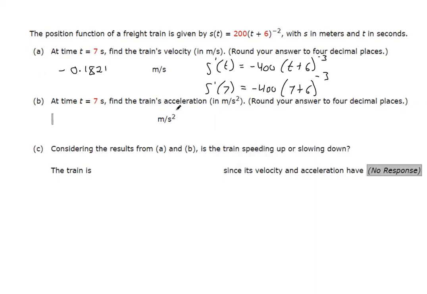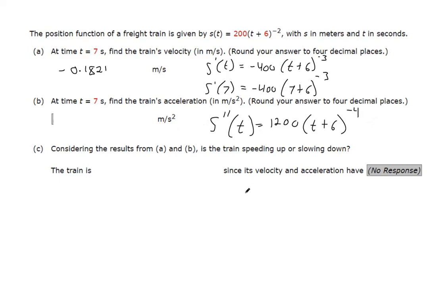And now they're asking about acceleration. Acceleration is the derivative of velocity. So we need the second derivative of the position function. We're just taking a derivative of our function in part A. So that -3 comes down, multiplies. And then it gets reduced by 1 again.